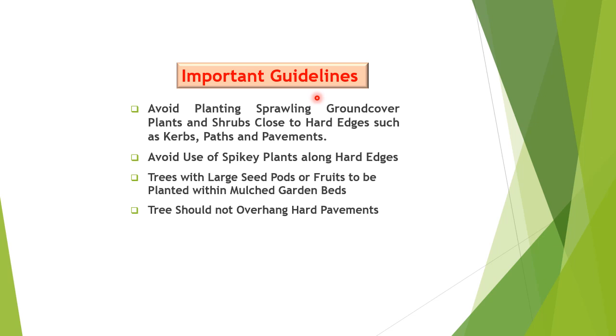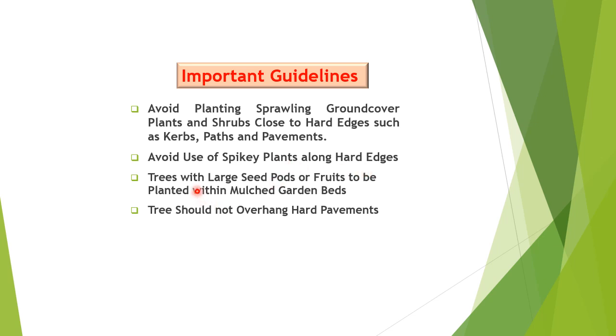What are the important guidelines? Avoid planting certain trees. You cannot plant every type of tree. When a path is there, you have to avoid planting sprawling ground cover plants and shrubs close to hard edges such as curbs, paths and pavements. Also avoid spiky plants along hard edges.